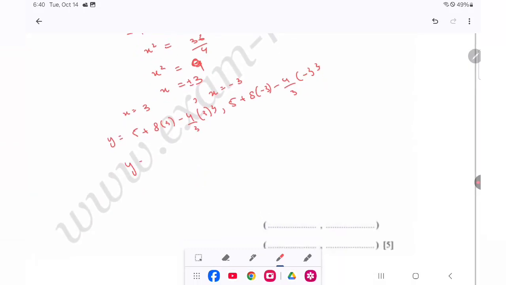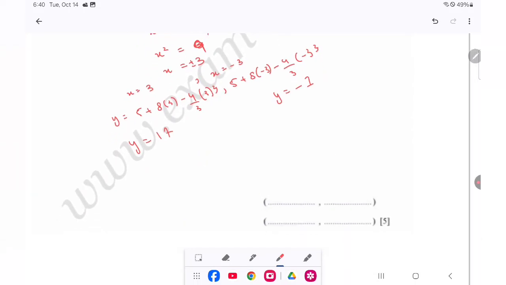First y will give the value of 17 and the other y will give you the value of negative 7. On positive 3x it will give positive 17, and on negative 3x it gives negative of 7.